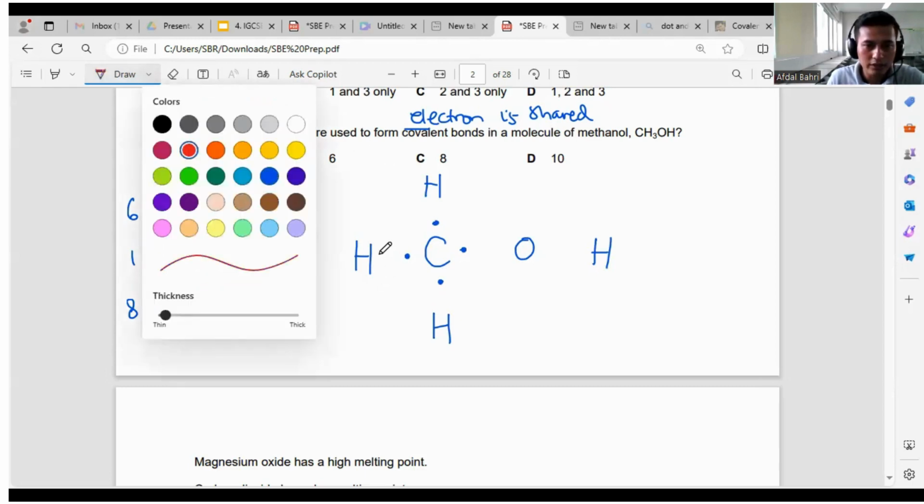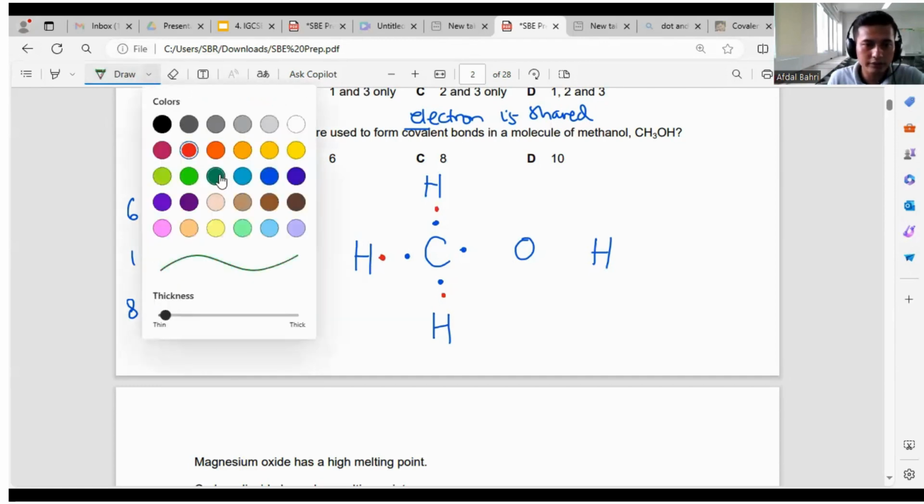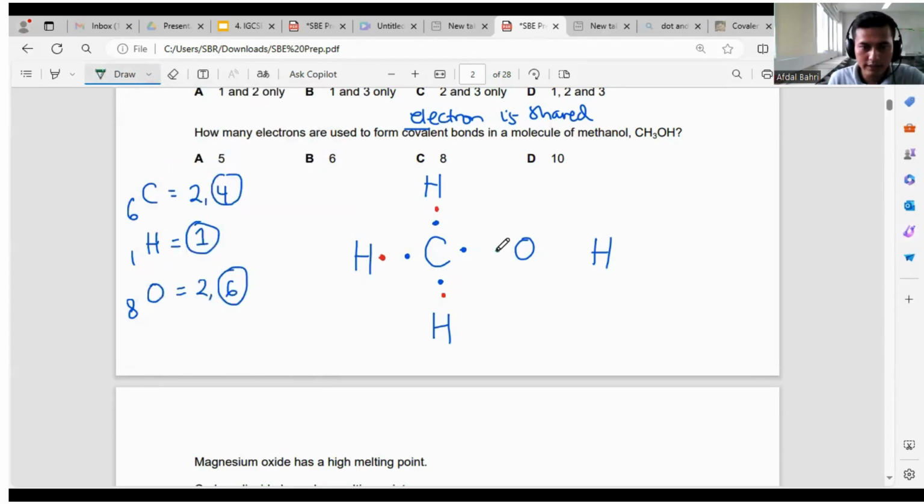I will use red for the hydrogen. And then I'm going to use green for the oxygen. Okay, oxygen has 6 electrons, so I'm going to have 1 here, 1 also here, and then 2 on here, and also 2 here.